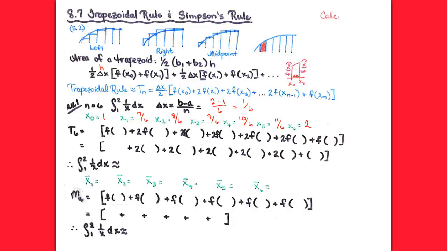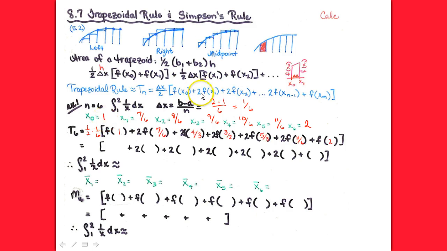All right, so now let's follow our formula. Our formula says, now that we've identified these values, we're going to take the change in x and divide it by 2. That's the same thing as change in x times 1/2. So our change in x was 1/6, so we can say 1/2 times 1/6. Now we need f of x sub 0, and we identified x sub 0 as 1.